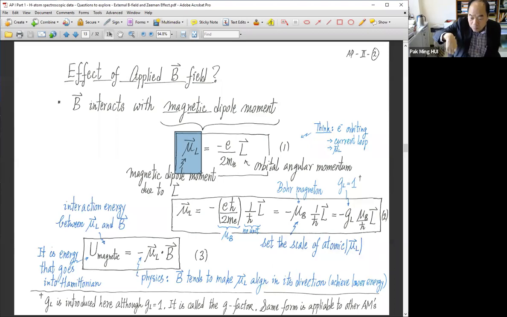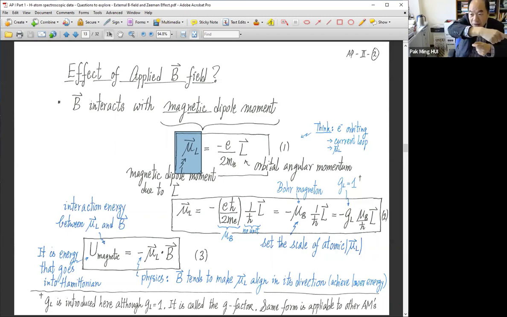A current loop will have a magnetic dipole moment. Okay, so let me do it in slow motion. Electron orbiting this way, it's like a current loop this way. Therefore, there is a magnetic dipole moment.